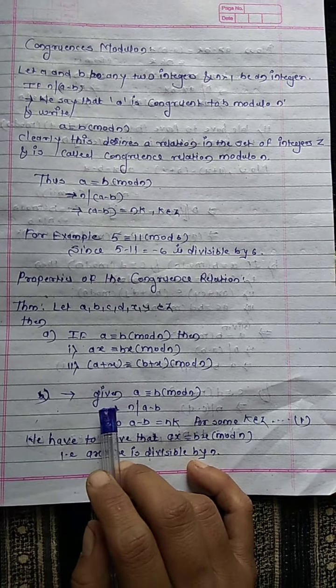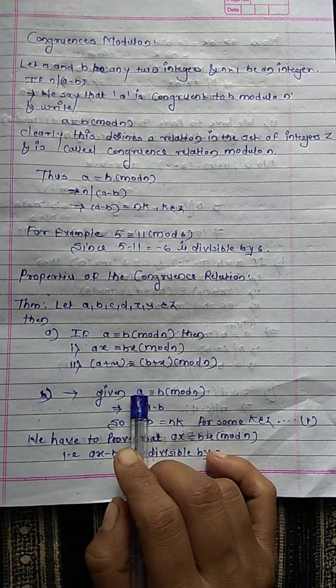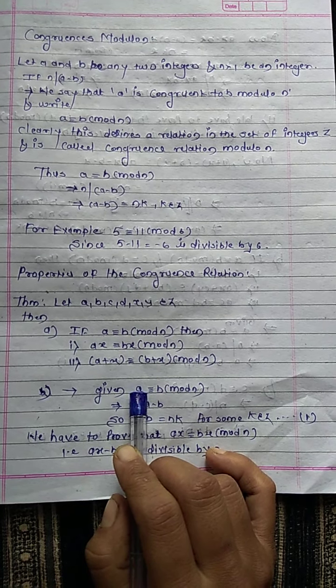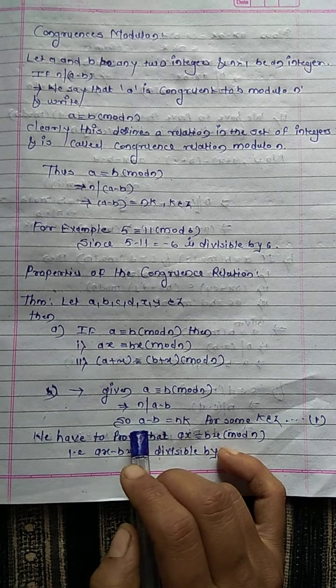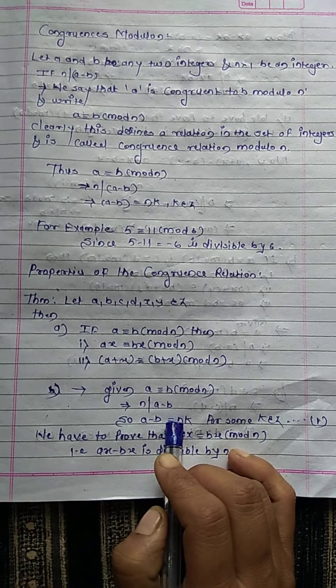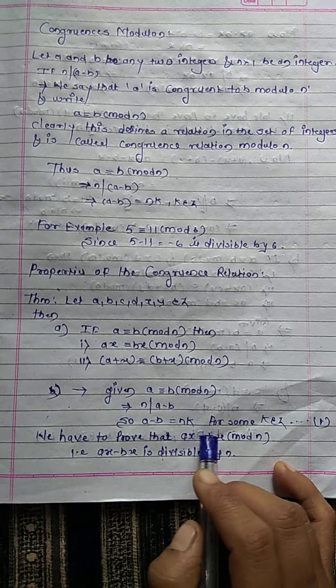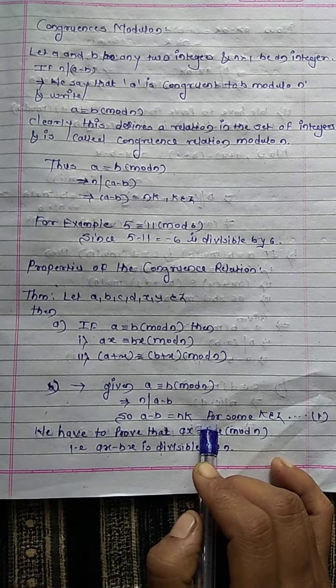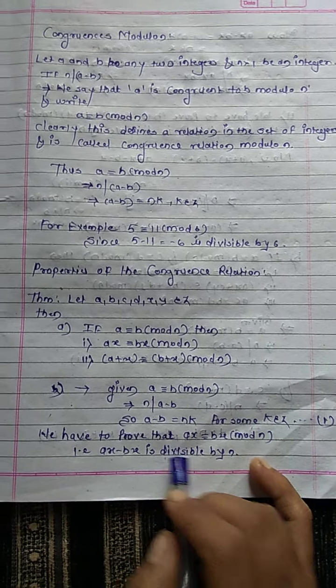Let us prove that. Given a congruent to b modulo n, by the definition of congruence, n divides a minus b, which means a minus b is equal to nk for some k belonging to Z. We have to prove that ax is congruent to bx modulo n, that is ax minus bx is divisible by n.